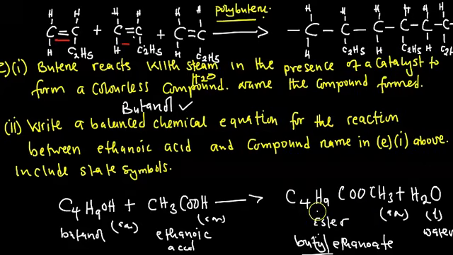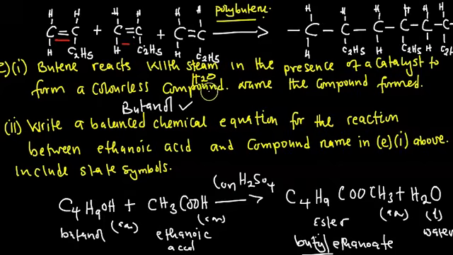Now, is the equation balanced? Here, there is a condition that we can put: concentrated sulfuric acid. That is the condition. So this is the reaction that occurs. If you are given the question to write the reaction, right here is the reaction.